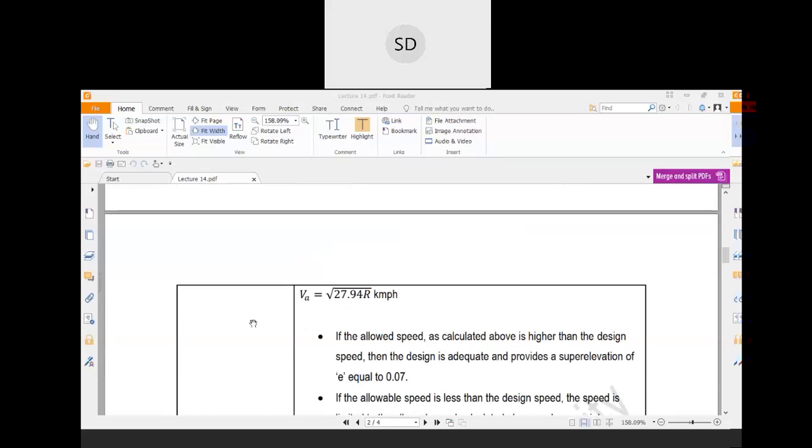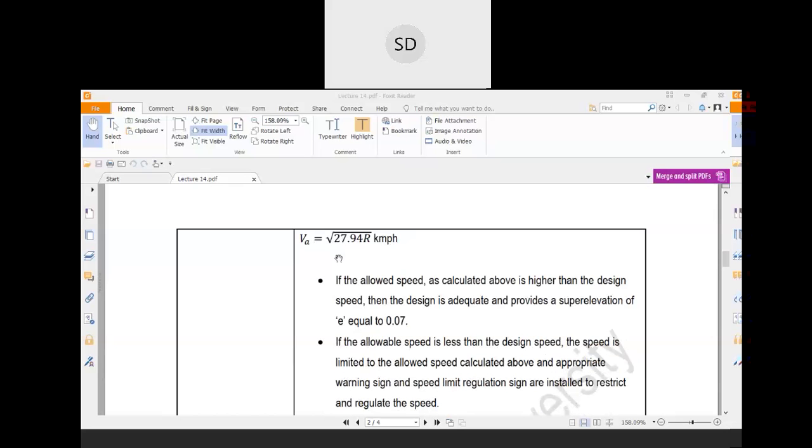Yes, that is your equation, if you want to directly use kilometer per hour.